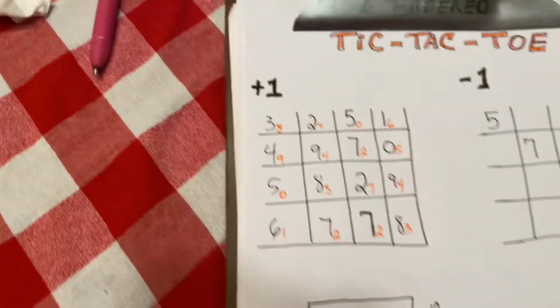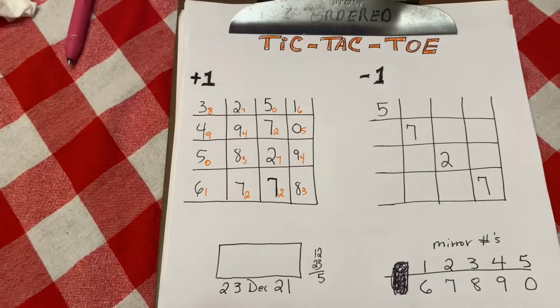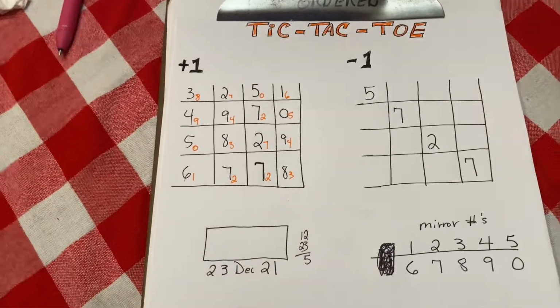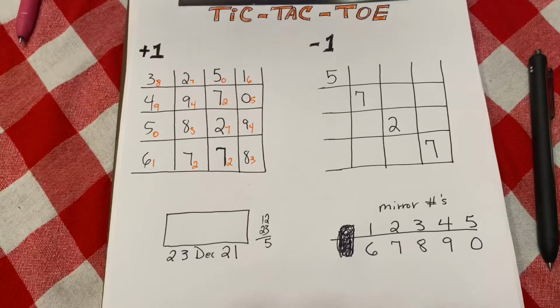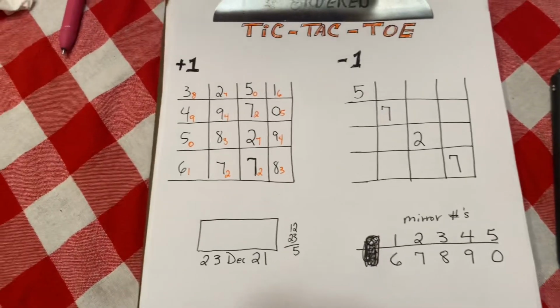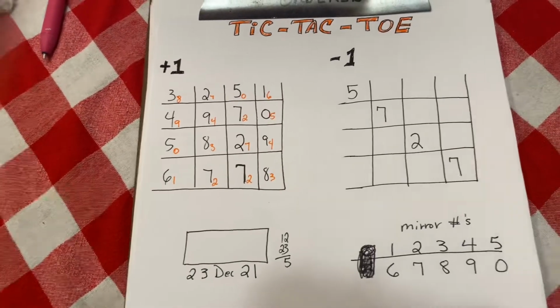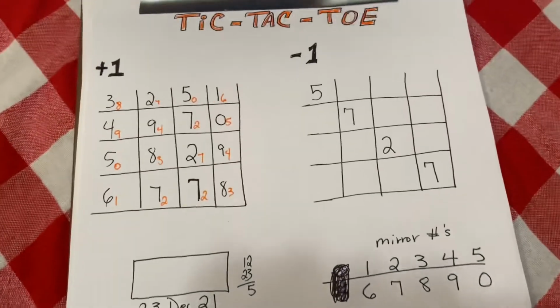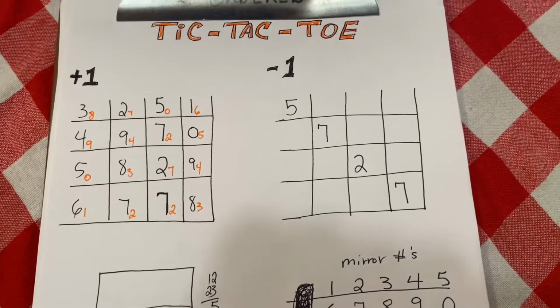Okay, now that didn't take long at all. It's complete right there. So what we're going to do next is our -1 box. Show y'all guys how to do that. And all you're going to do is go counterclockwise when you're doing these.